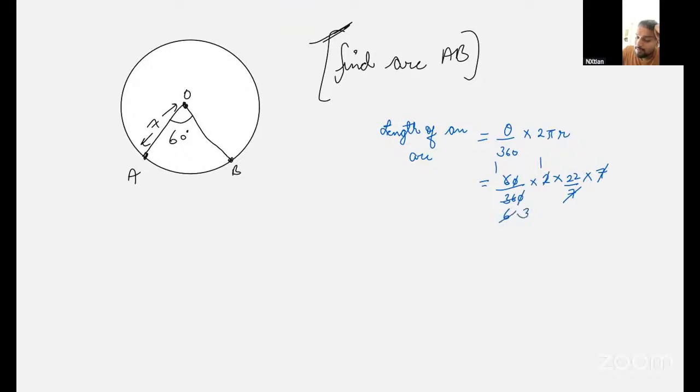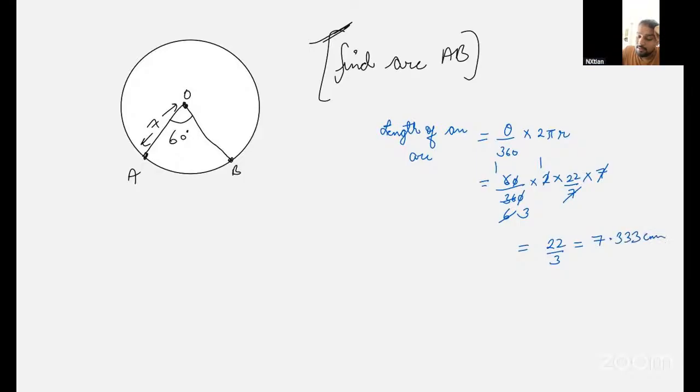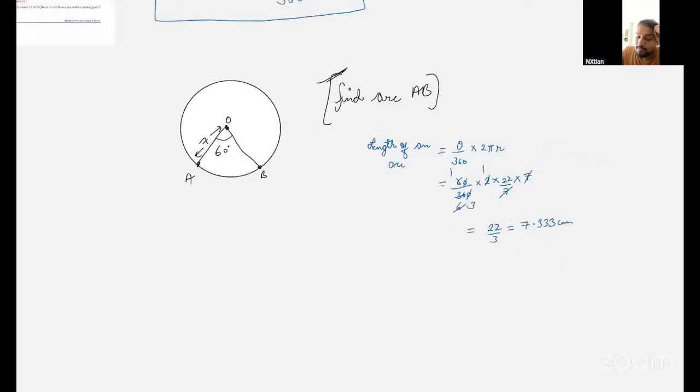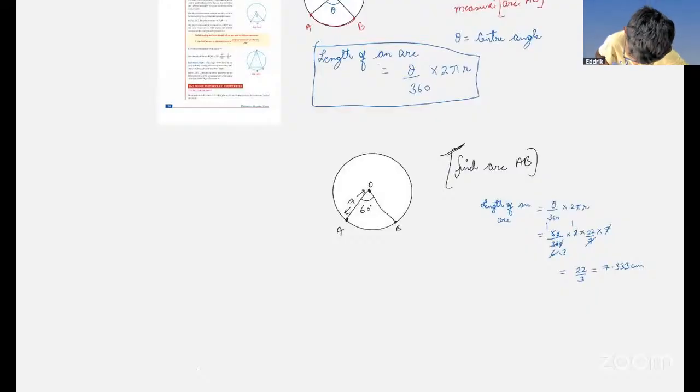So the answer will be 22 by 3. If I do it in decimal points, it becomes 7.3333, and it will go on, in centimeters. This is the length of an arc. Everyone got this? Yes, sir.